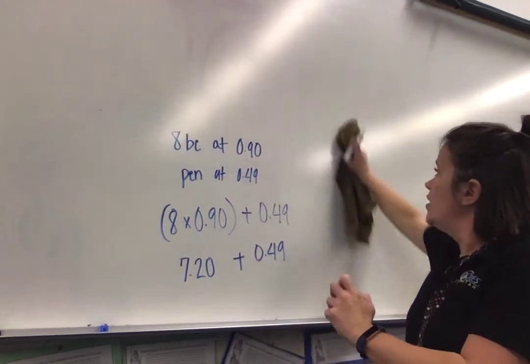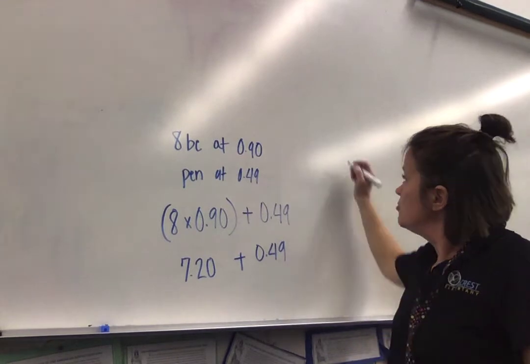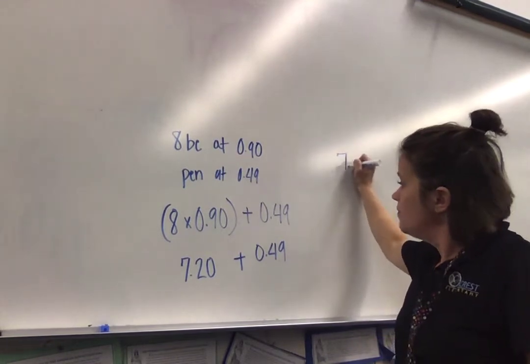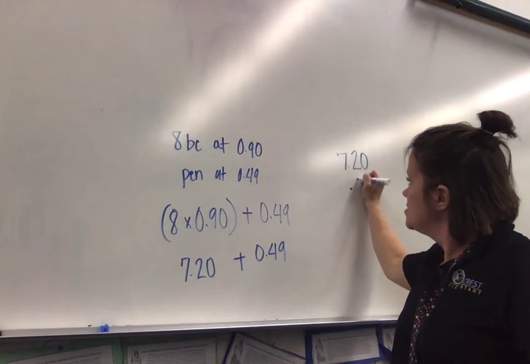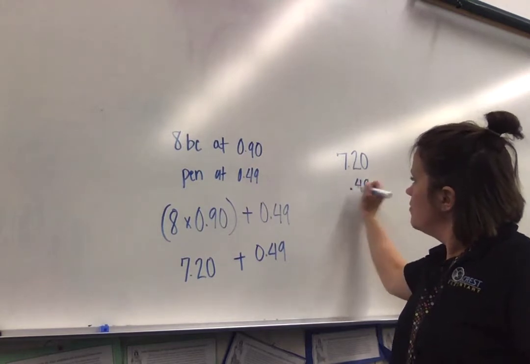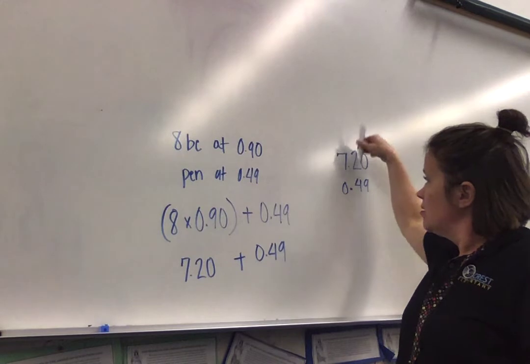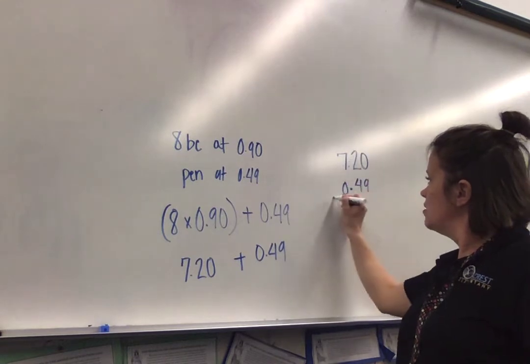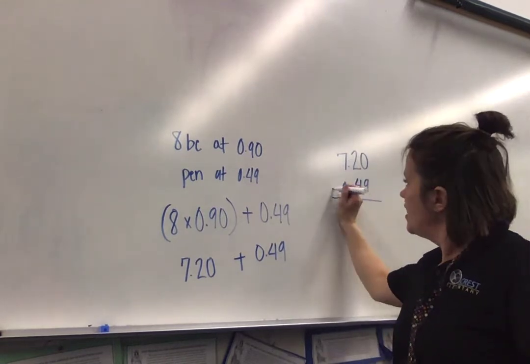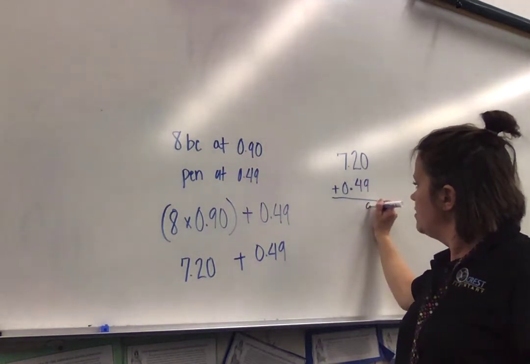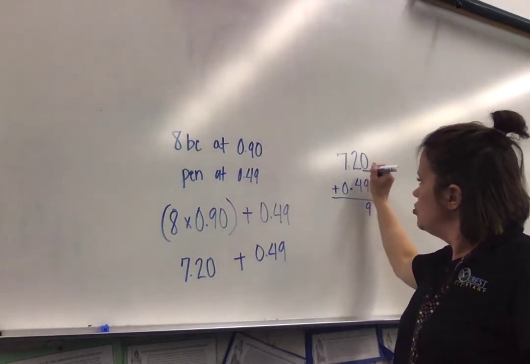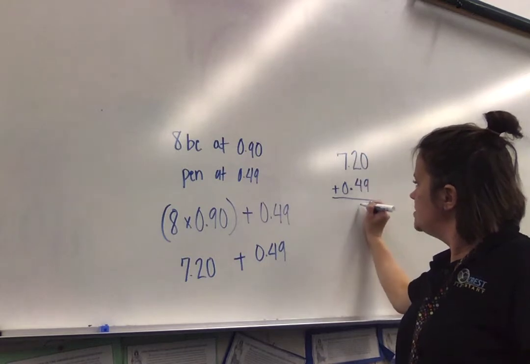Just a quick review. When you're adding decimals, the most important part is that you write the problem correctly and that you line up your decimals, so they have to be right in line with each other. Now I'm going to add those. 0 plus 9 is 9. 2 adding 4 is 6.